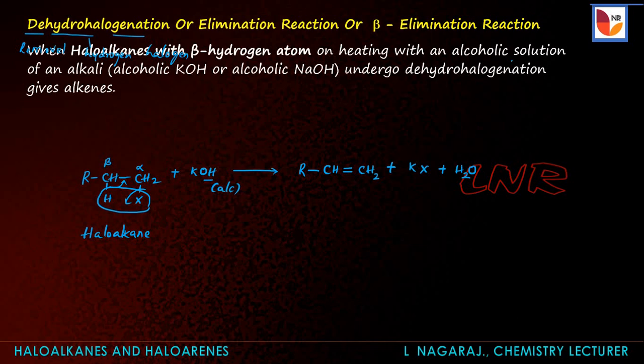Very important point: when haloalkanes with beta hydrogen atom are heated with an alcoholic solution of potassium hydroxide, or an alcoholic solution of an alkali, so we can take sodium hydroxide instead of potassium hydroxide, they undergo dehydrohalogenation and give the product alkene.